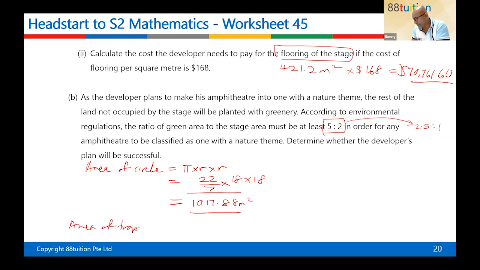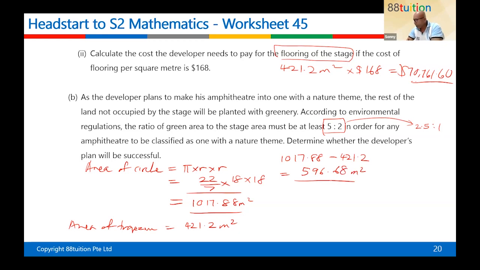Area of trapezium, all right? That's given to you earlier, which was 421.2 meters squared. So you take the difference between these two, 1017.88 minus 421.2 will give you 596.68 meters squared.